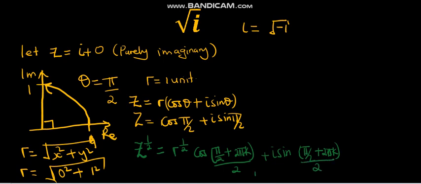We have to know that k is equal to 0 and 1, because we need 2 roots.